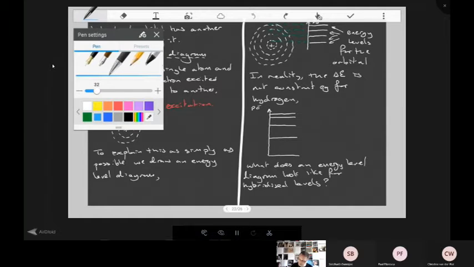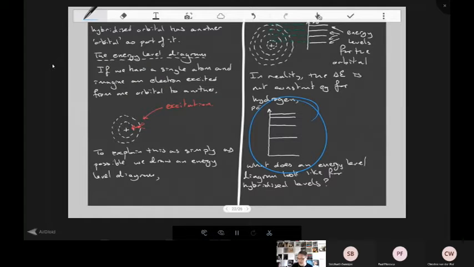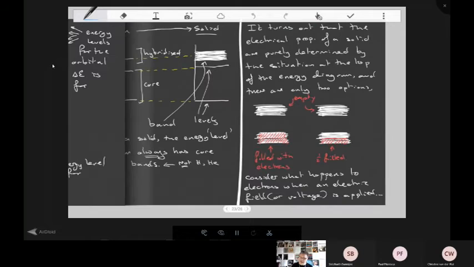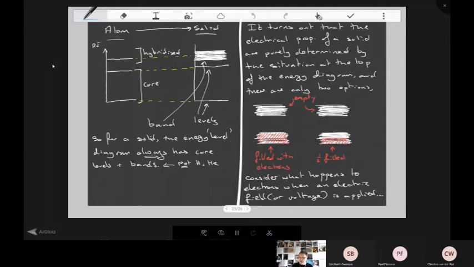And we normally represent that with what we call an energy level diagram, which is that. And one of the things that we said was, when you move from an individual atom to a solid, what happens to the energy levels?